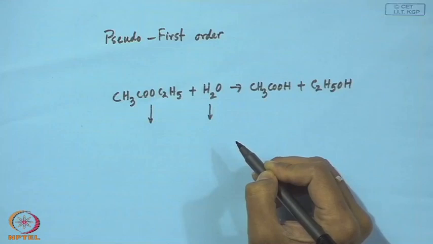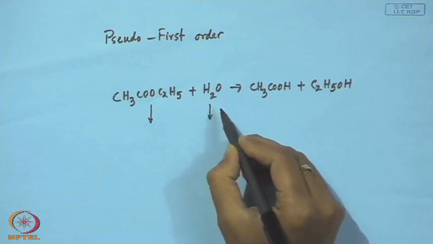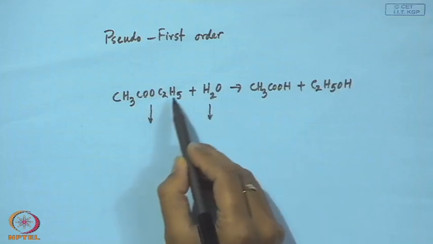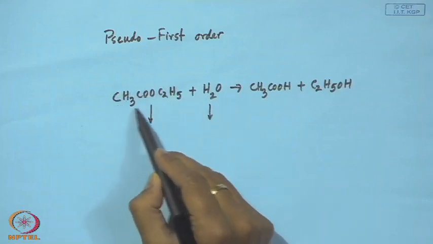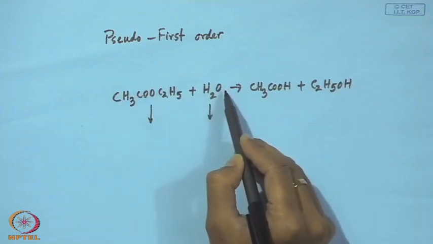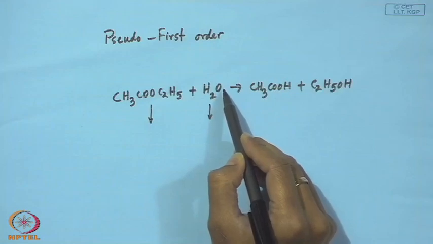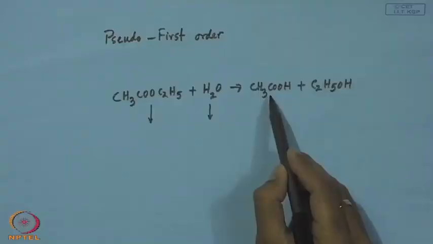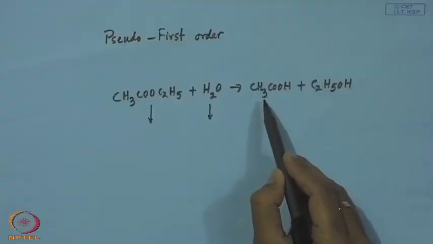Now, this reaction is carried out in water, that is you put a measured amount of ethyl acetate in a given volume of water, then you add a trace amount of acid, say HCl, and then allow the reaction to proceed. So, ethyl alcohol and acetic acid will be formed along with water.